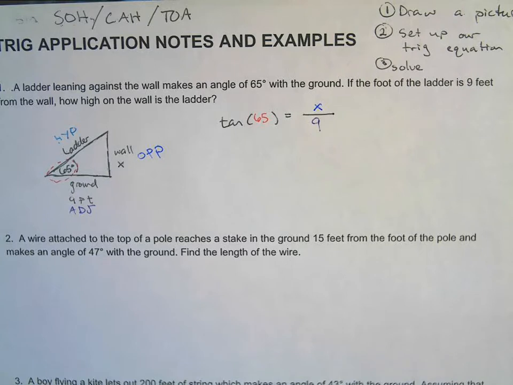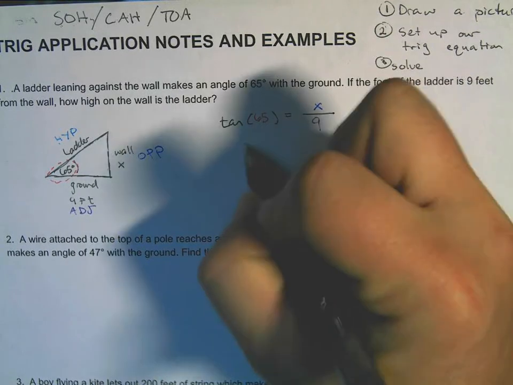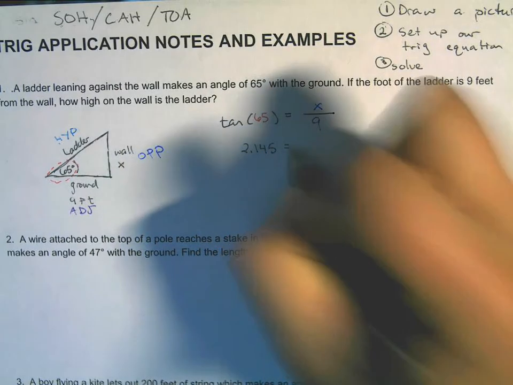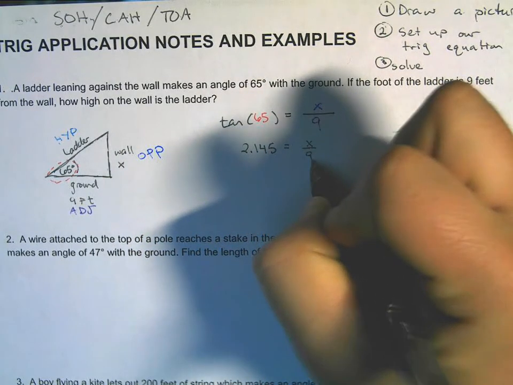Tangent of 65 degrees is equal to 2.145. So I have 2.145 is equal to x over 9.